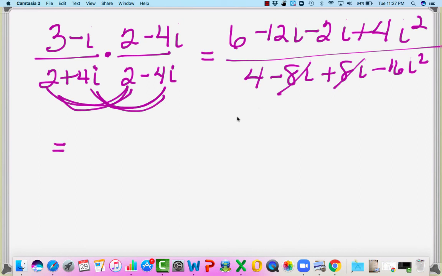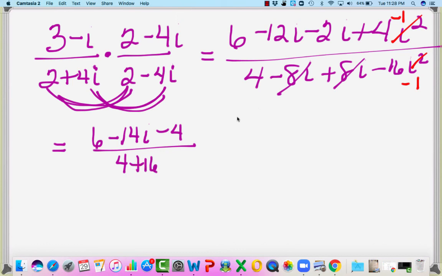So if I recall now that all my i squareds are -1, then that's going to leave me with 6. I'm going to go ahead and put my i's together. So minus 14i minus 4. 4 times -1 will be -4 over 4. And then -16 times -1 will be +16.